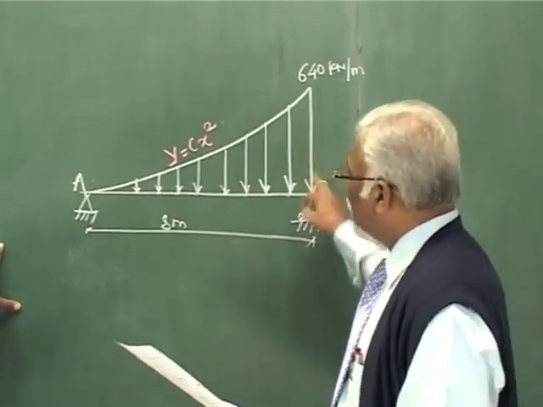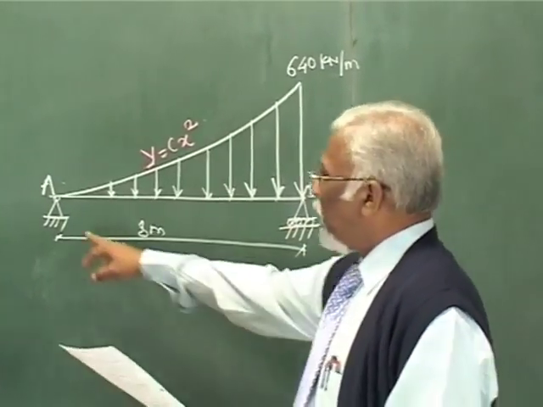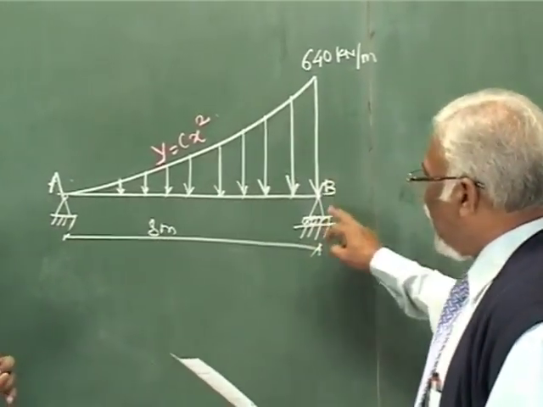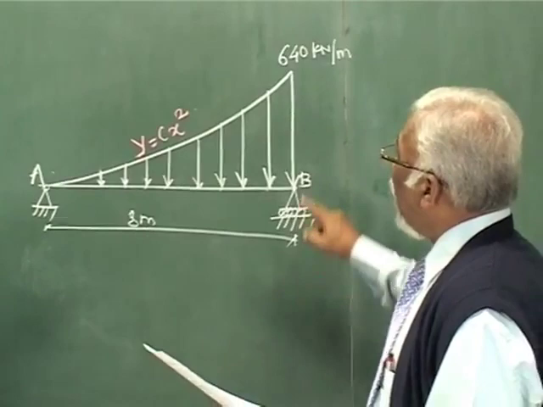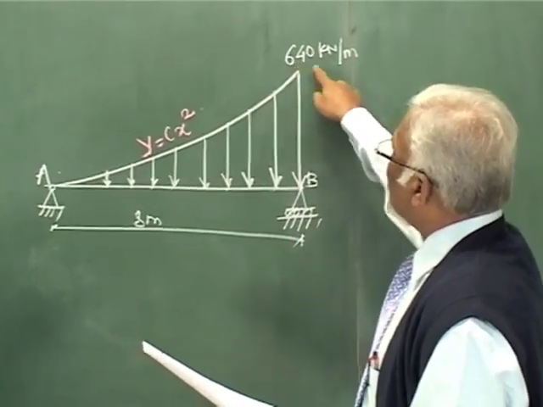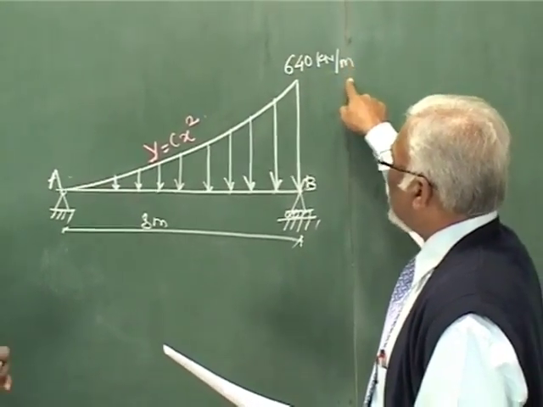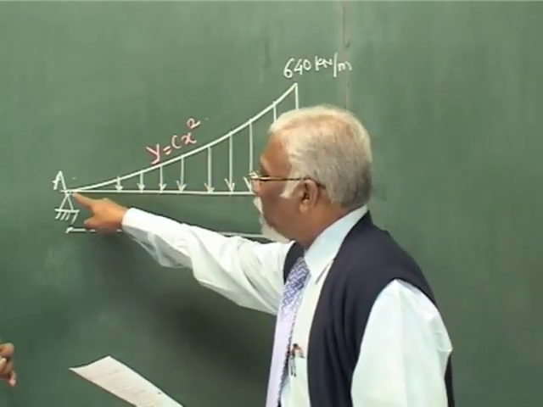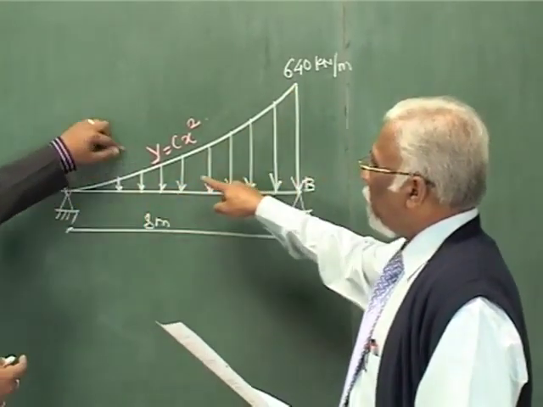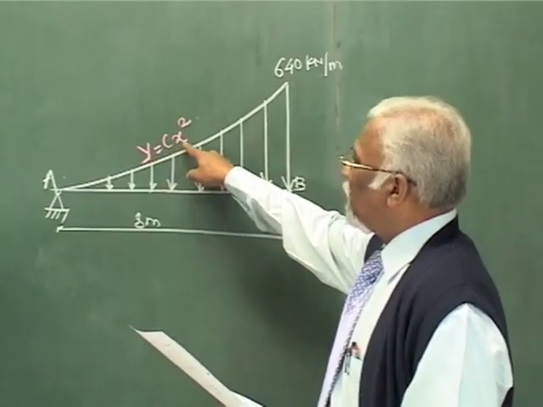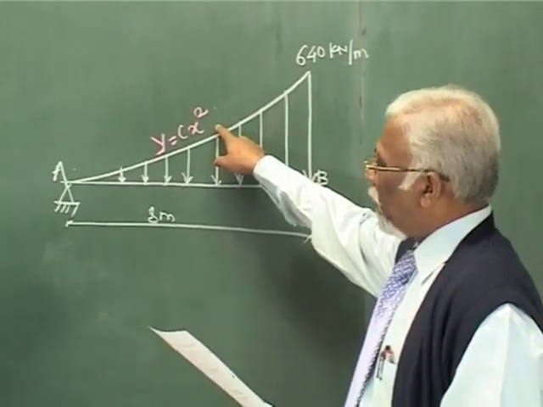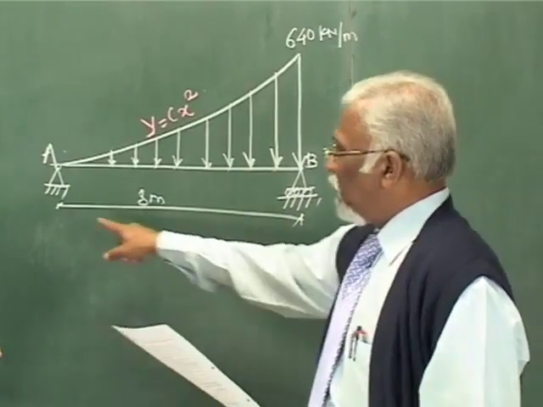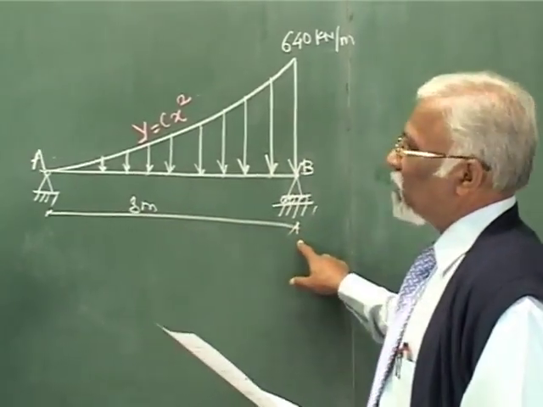For the beam shown here, you have A as the hinge support, B again as the roller support, and you have the load of 640 kilonewtons per meter acting in a parabolic style with the equation y is equal to cx square. The distance between A and B is 8 meters.